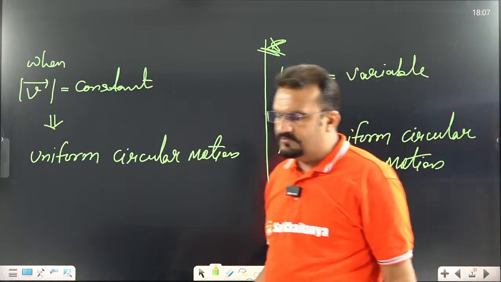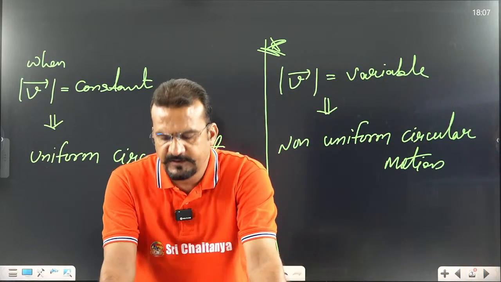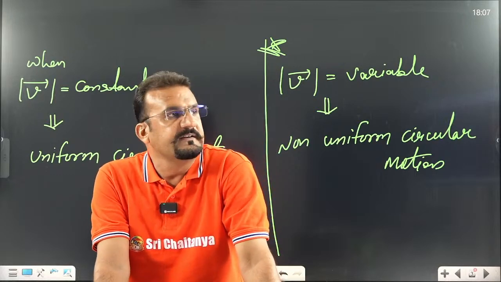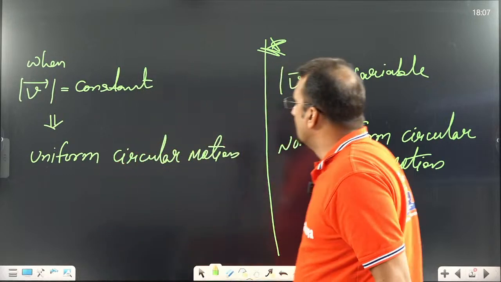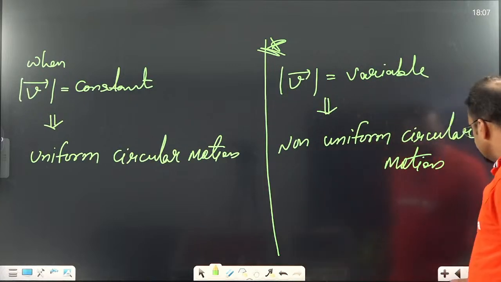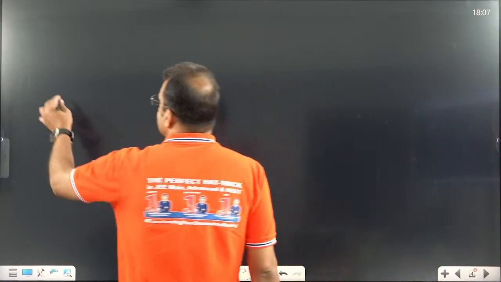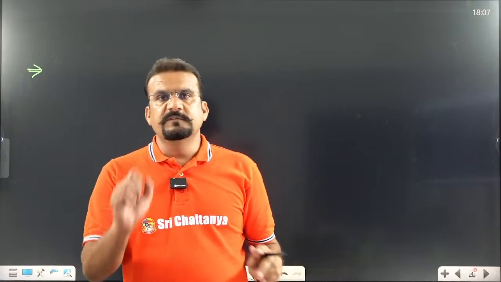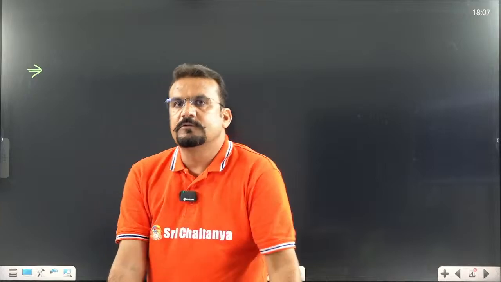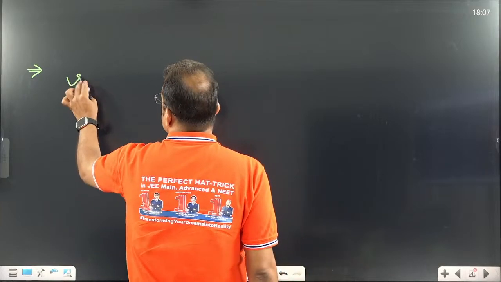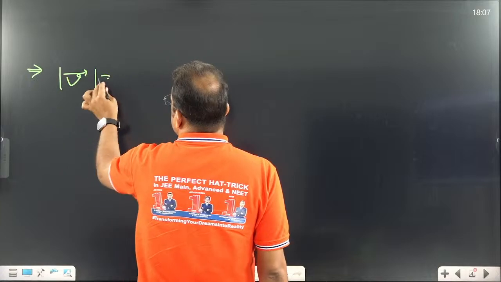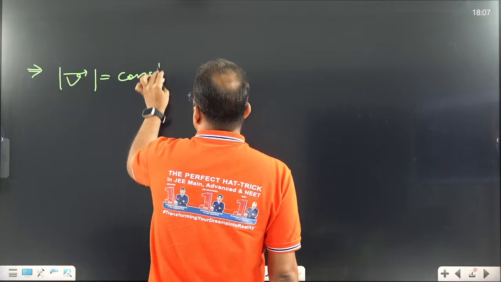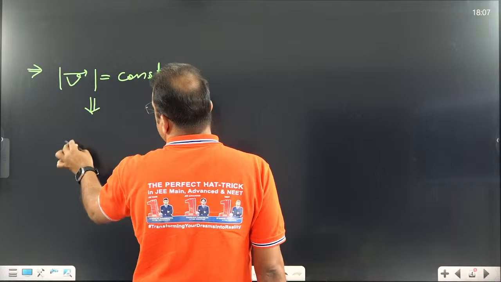Uniform circular motion we have discussed, but let us revise some concepts of uniform circular motion also. What is the concept and how to solve those questions? Yes, let us start, dear students. So in uniform circular motion, what are the required conditions? One point that is very, very important: two terms you can define. One is the magnitude of V, that is constant, yes or no? And second, omega is constant.